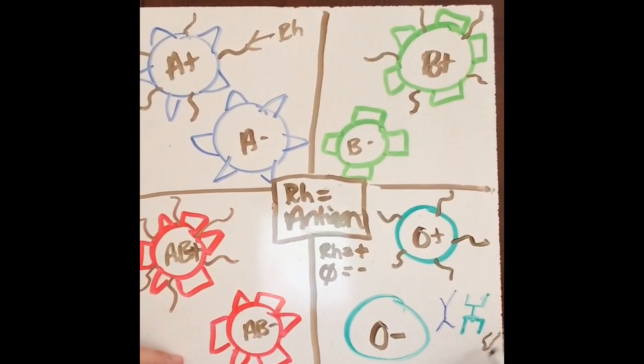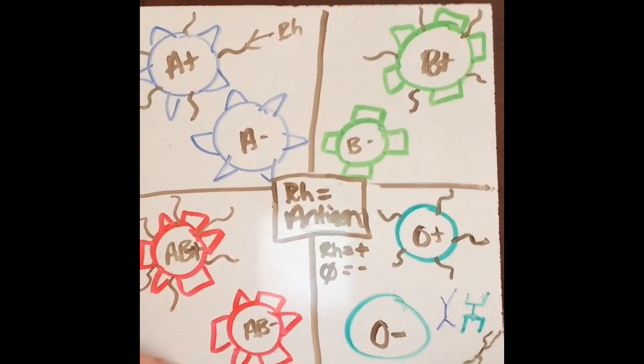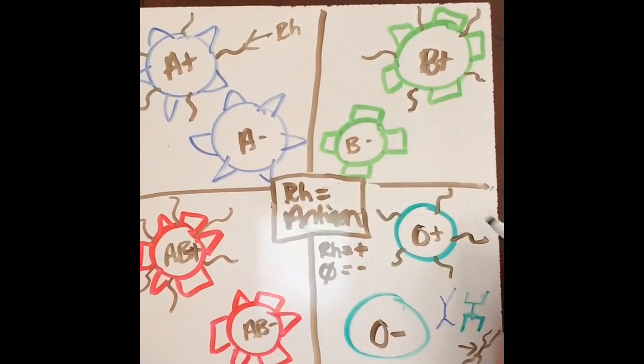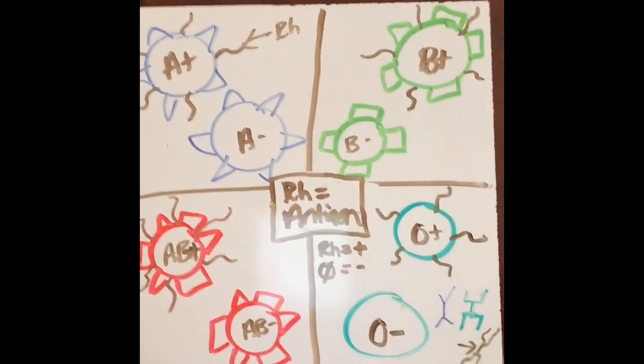So they would have kind of like a squiggly one that would fit that if it came in. So only the negative people have the antibody for the Rh factor. The positive people do not, because if the positive people had that in their bloodstream, it would attack their own blood.